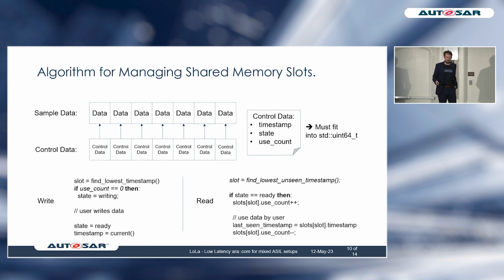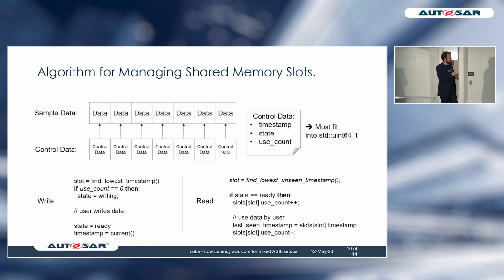So that's why we need to get a little bit fancy, and basically we need these states, or this data, for each of these slots in order to run our algorithms that you can see here. I mean, they're super abstracted, but just for the sake of explaining it. Basically, in Adaptive AUTOSAR, you have different opportunities on how you can find events and so on, and that's why you need this timestamp, and we need the state to know if a slot is right now allocated.